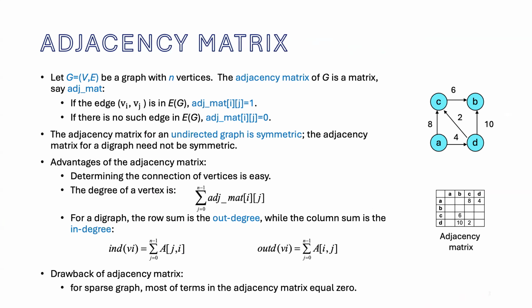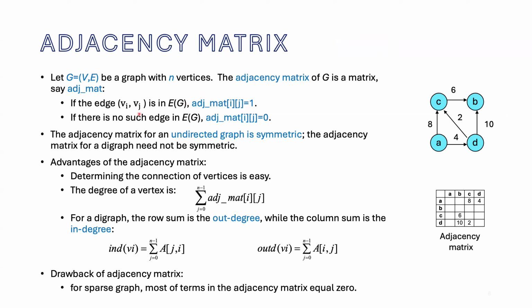So with this in mind, let's look at the adjacency matrix. So let G be a graph with n vertices. The adjacency matrix of G is a matrix that we denote as the adjacency matrix, edge mat, if the edge Vi, Vj is in the set of edges Eg, then the entry in the adjacency matrix at position Ij is 1.